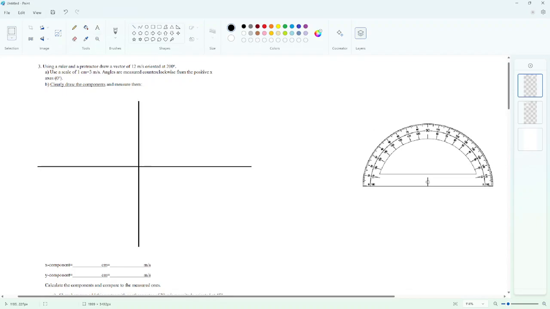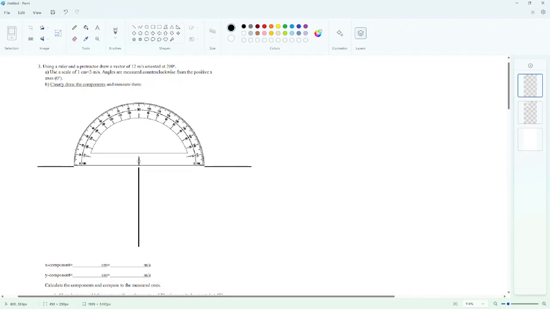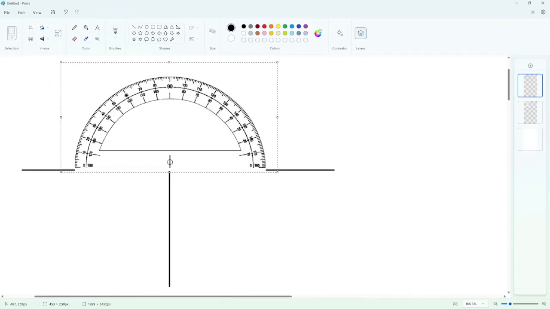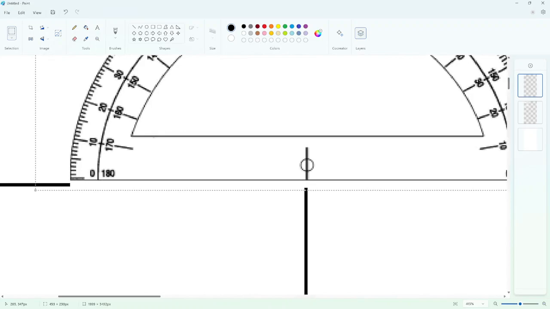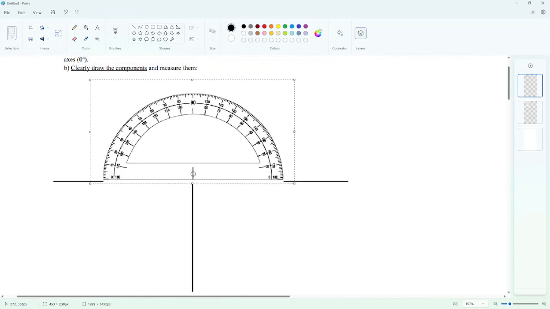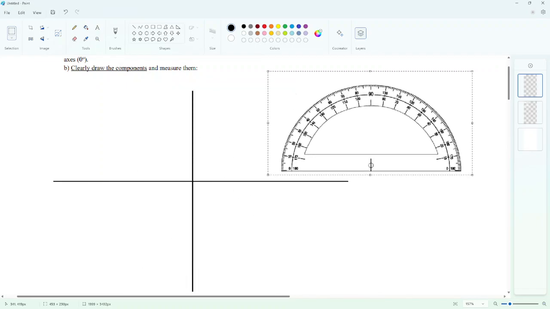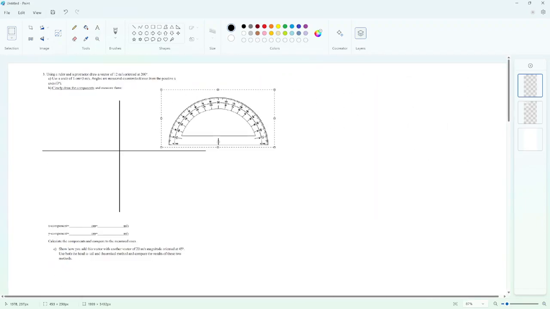So let's go ahead and see if we can measure the 200 degrees. From right here, you can see absolutely nothing. But if we can act like we can see, right about here is 180. So if from here to here is 180, that means 200 degrees is somewhere in this region over here.